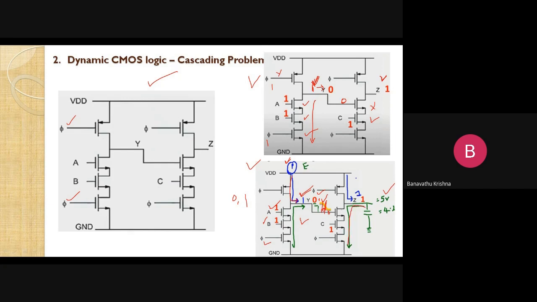Why? Because it is a closed switch. C is already given as 1, and pi is 1, so it is also in closed condition. So a certain amount of the output response is discharged.